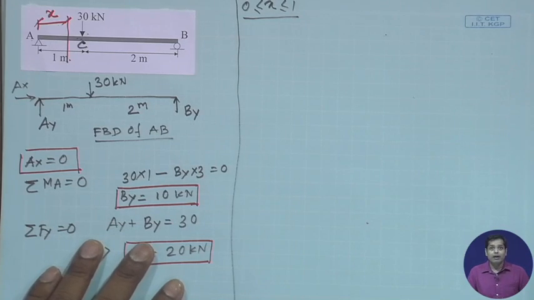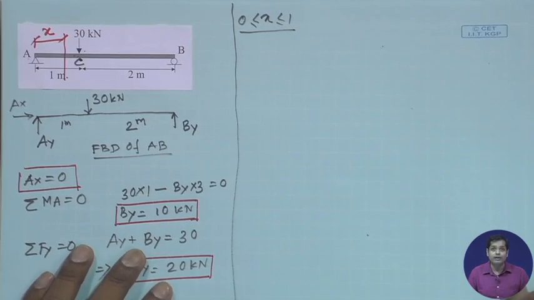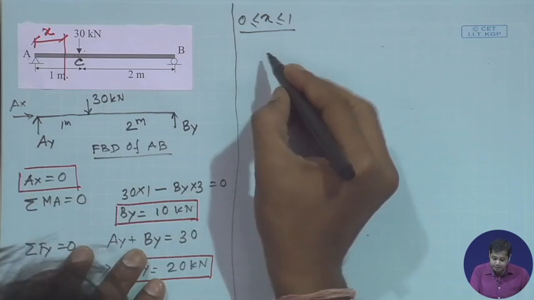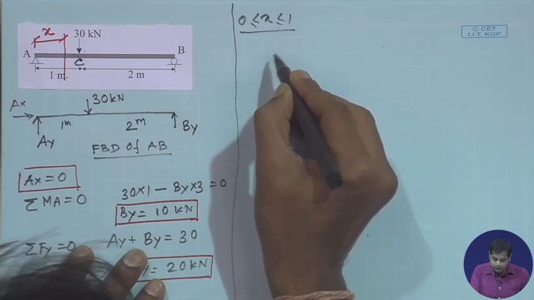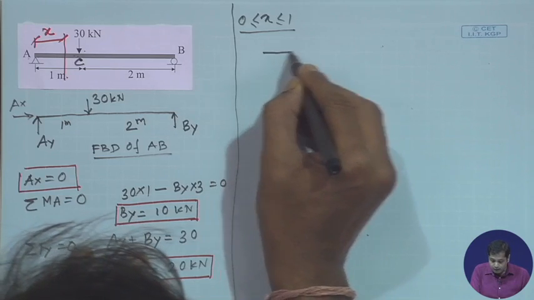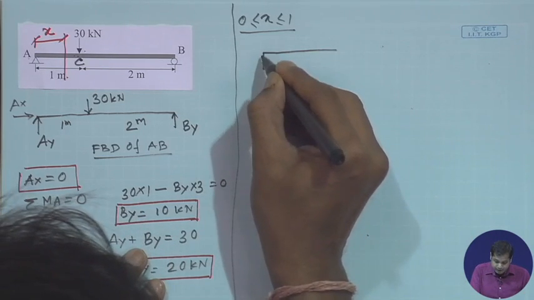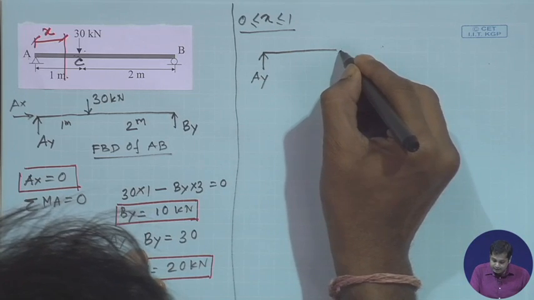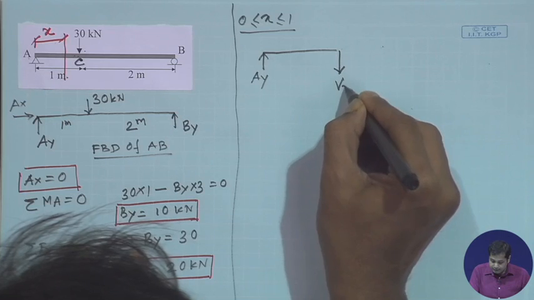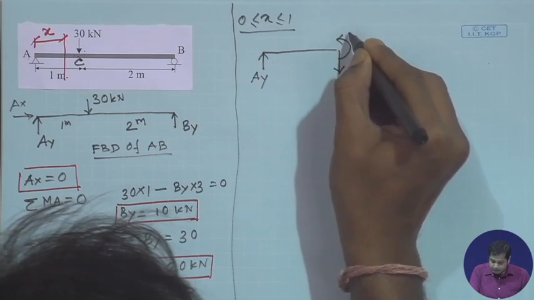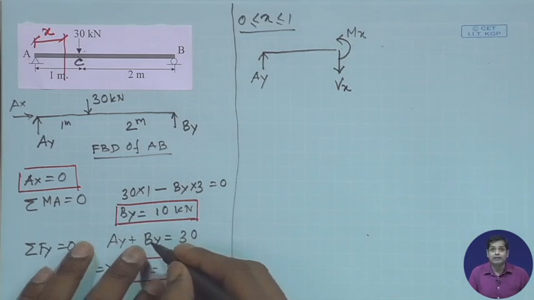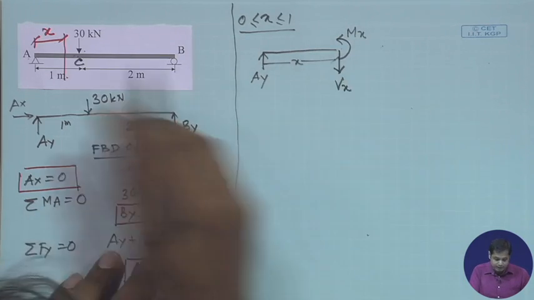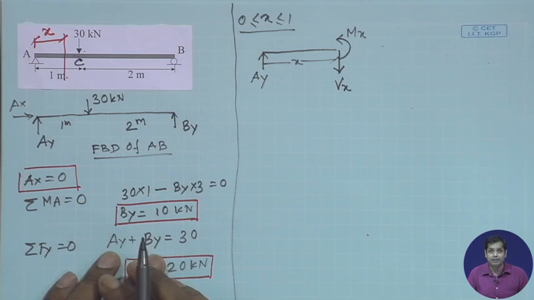Now draw your free body diagram. This is Ay, Ax is equal to 0, not showing explicitly. This is Vx and this is Mx, and this distance is x. No other external load between A to C.